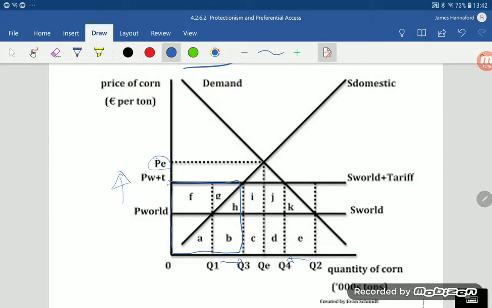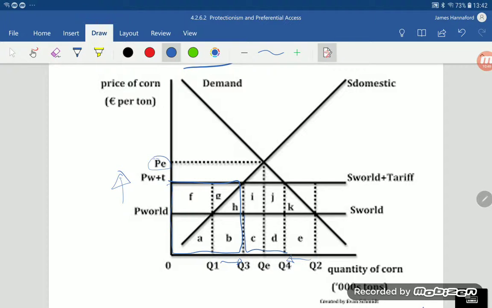In contrast, the foreign producer revenue fell. It was BCDE, so this area here, but once the tariff was introduced, domestic production increased and the amount of imported goods fell to just CD. So this was the new revenue for the foreign producer.